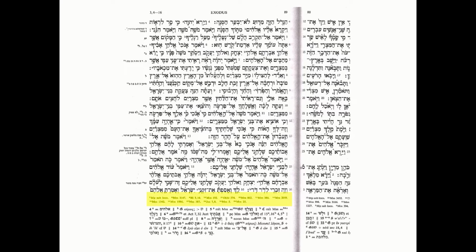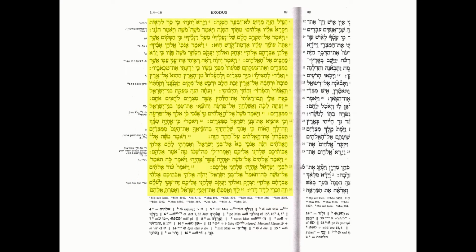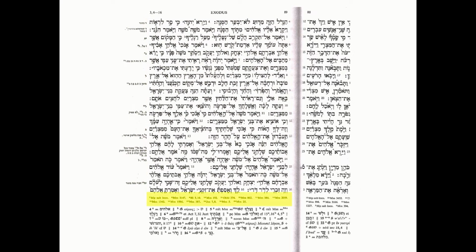Now that you understand the different parts, the main things that you need to worry about are the body of the text and what's underneath this yellow box. A quick note, though, on this Masora Parva on the side.